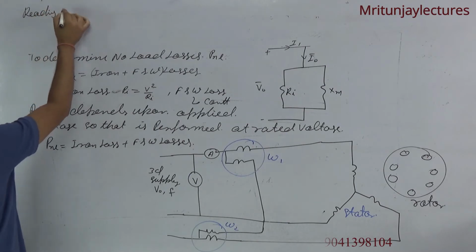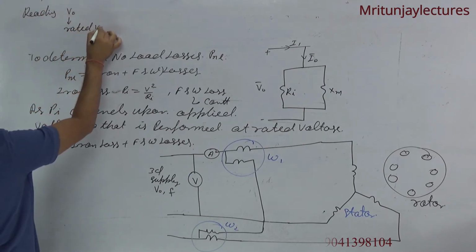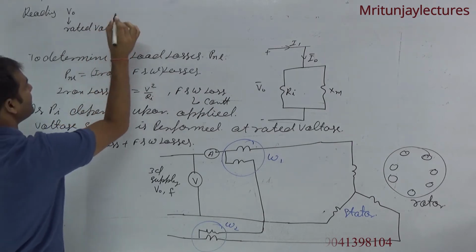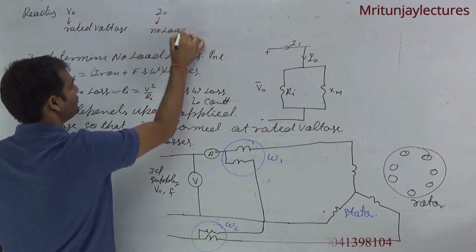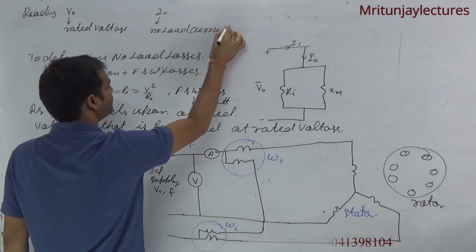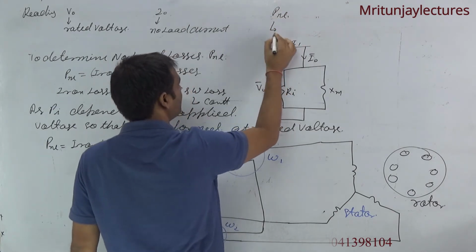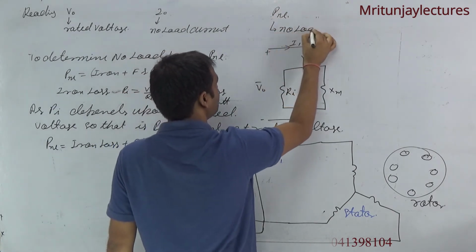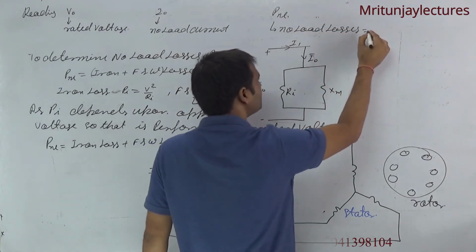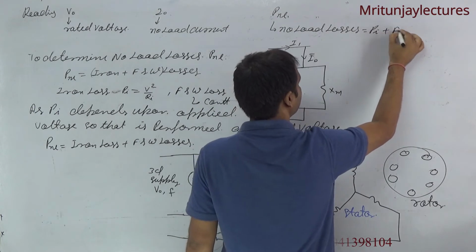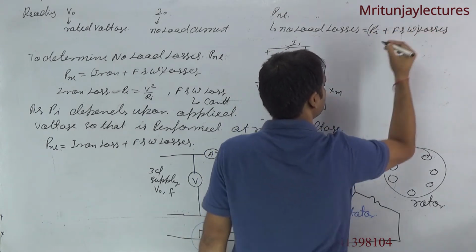We got the readings V naught, that is the rated voltage, and I naught, that is the no load current, and we got the no load losses. This is equal to Pi plus friction and windage loss. Clear?